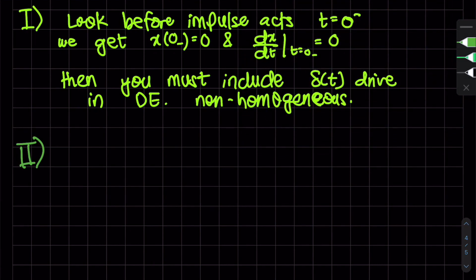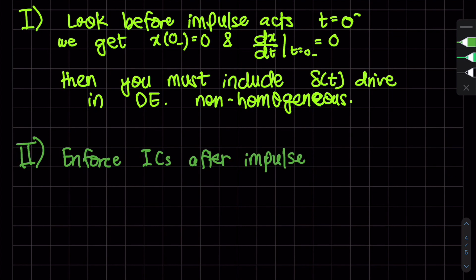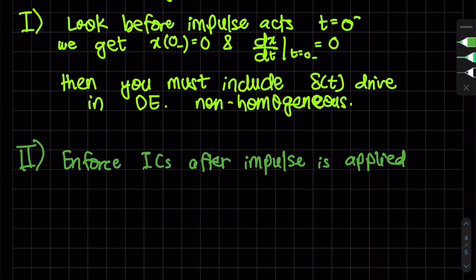Perspective number 2 is to enforce the initial conditions right after the impulse is applied. That's going to be time 0 plus, an arbitrarily small amount of time after 0, right after the impulse acts.